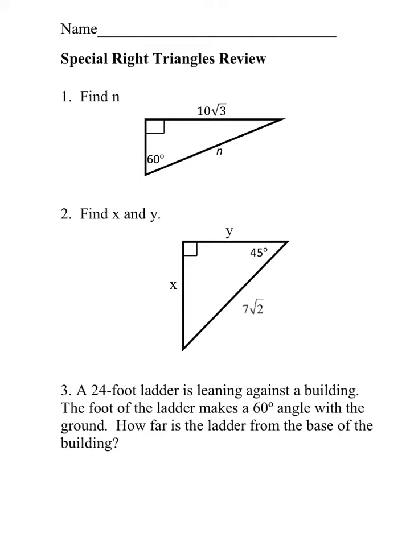You will have some formulas. You'll have the formulas for the special right triangles, and you'll have the basic Pythagorean theorem, which everyone knows. So just be aware as we go through this.